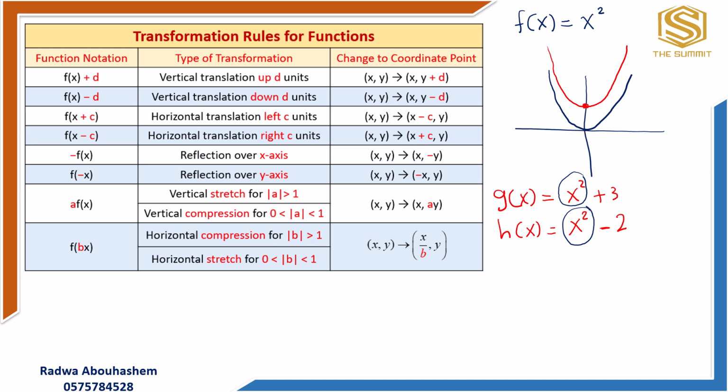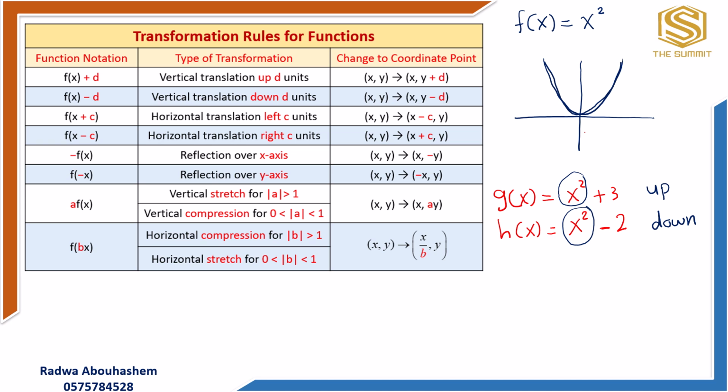This is vertical. Now, if I try to draw it here, it would be like this. Negative 2, and here's 3 units, for example. Good?